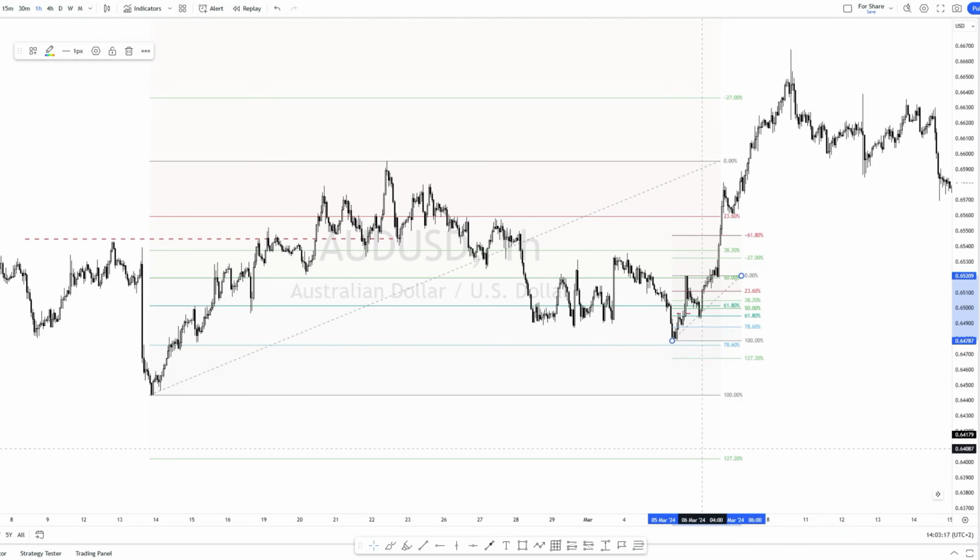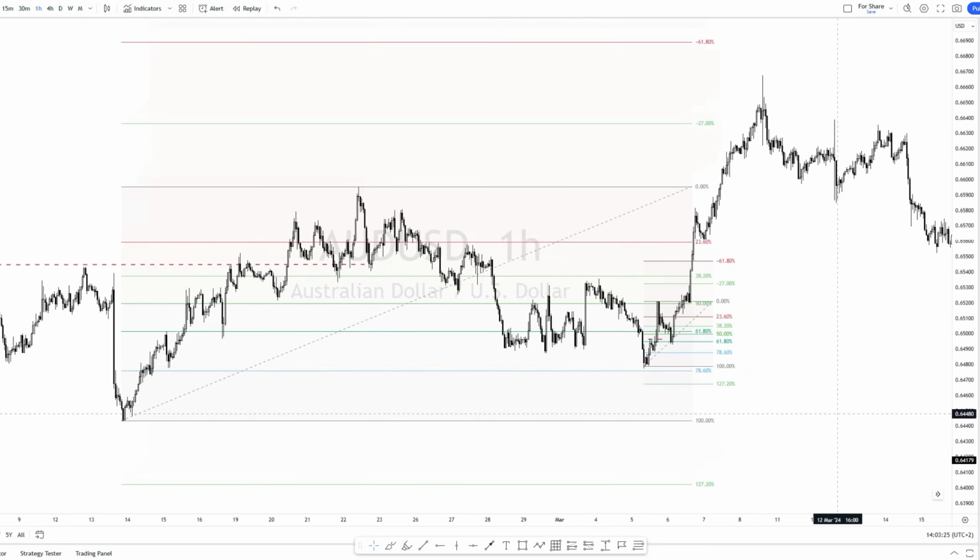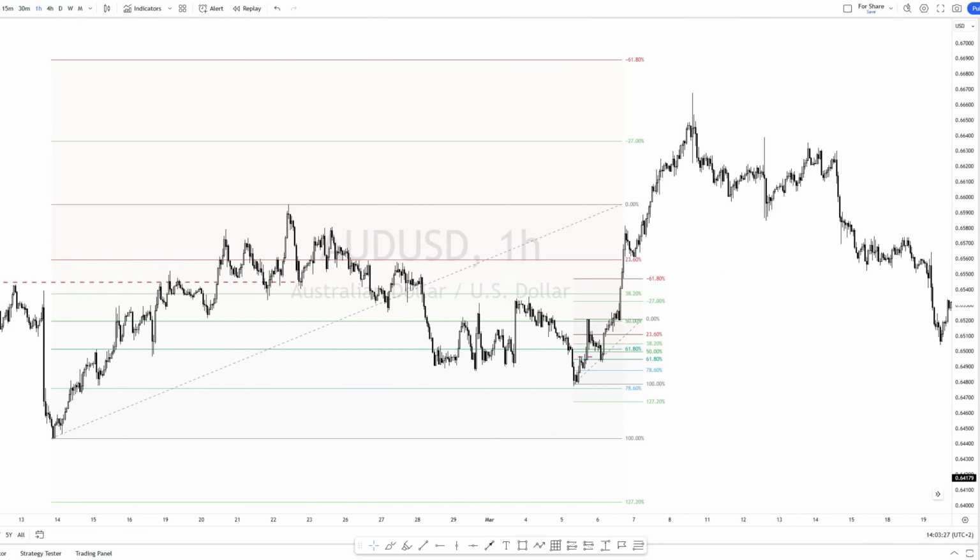So instead of putting your stop loss at 100% of the big one, you put it at 100% of the small one. Does that make sense? And then here your target is at 0 or at minus 27.